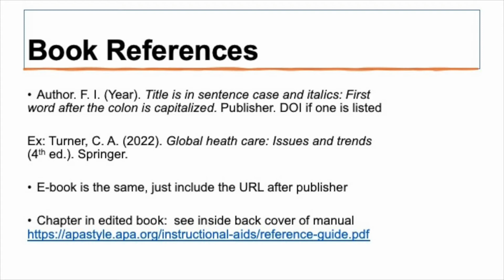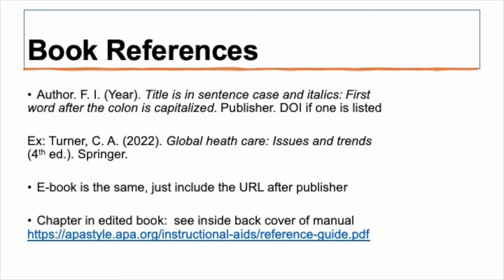So in this case, the G is capitalized because we have the start of the book. So that's title case for global. The word health would be considered sentence case because it's a lowercase h if we say sentence case.